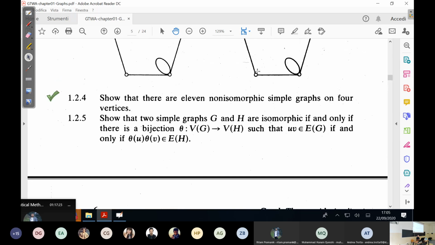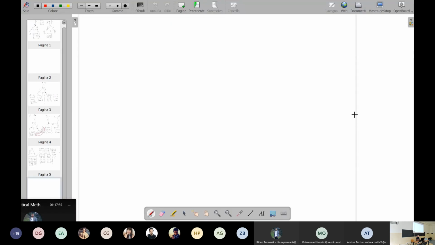Let's look for these 11 non-isomorphic simple graphs on 4 vertices. I have to give some examples now. Anyway, okay. Page 5.